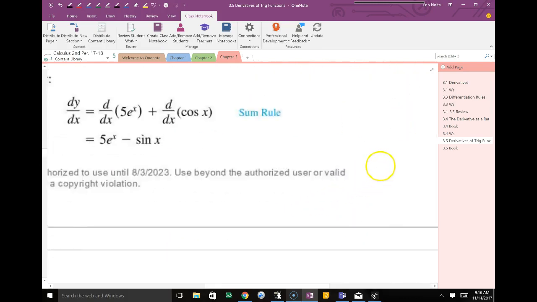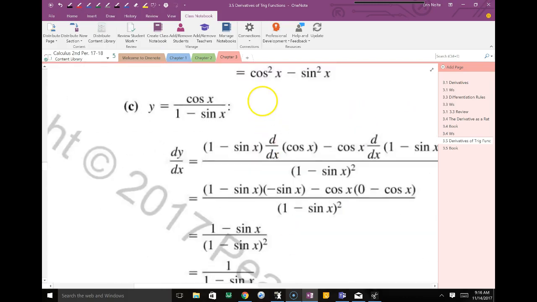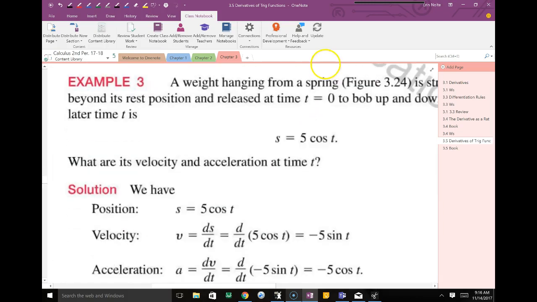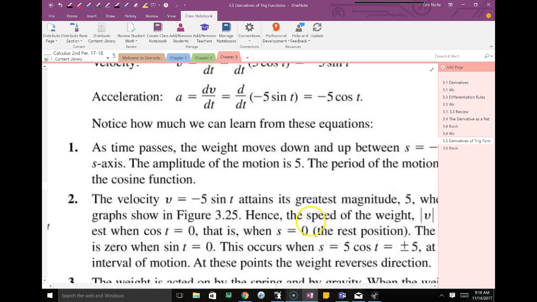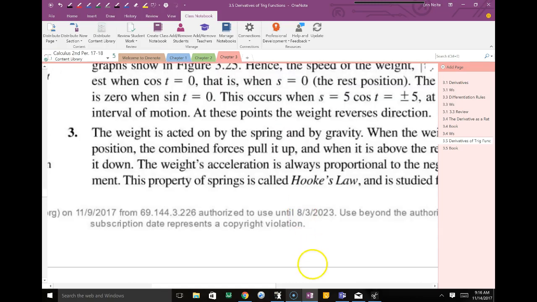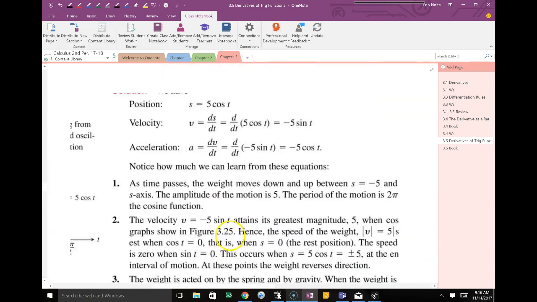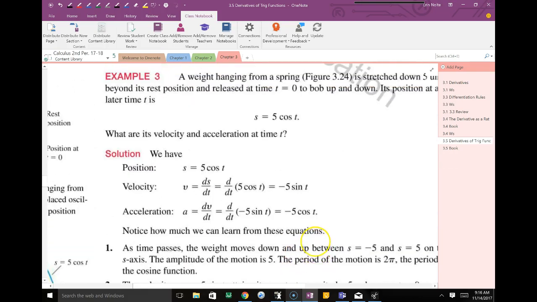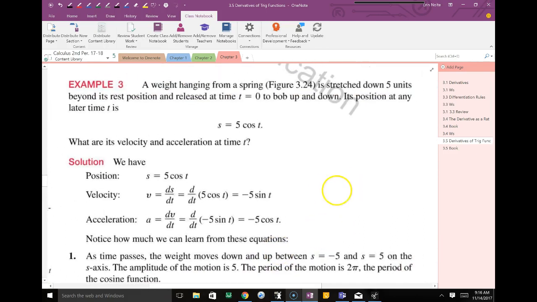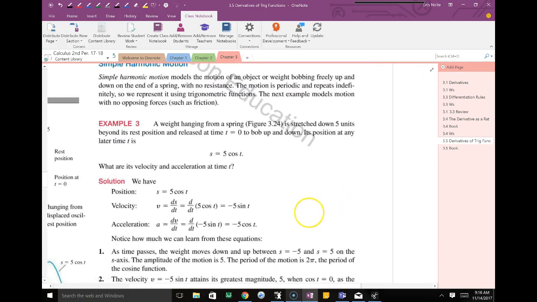All right. So, do you remember all those trig rules that we worked with before? Here's an example. I'm not going to go through this example, but just so you understand why they start using sine and cosine. I actually remember studying this in college. Harmonic motion. Do you remember when we first learned sine and cosine, and I told you it can describe a sound wave?